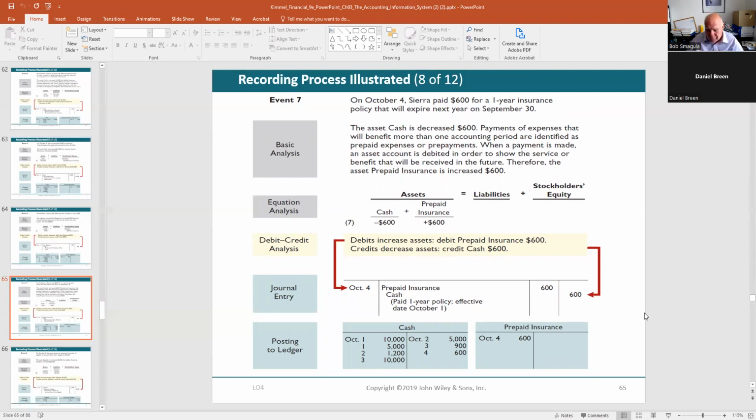Insurance, by definition, is going to benefit you in the future. So till then, it's an asset. We're going to debit the asset called prepaid insurance, credit the one called cash. We're going to hit our post button. And when we hit the post button, the $600 debit to prepaid insurance is here, and the credit to cash is over here.